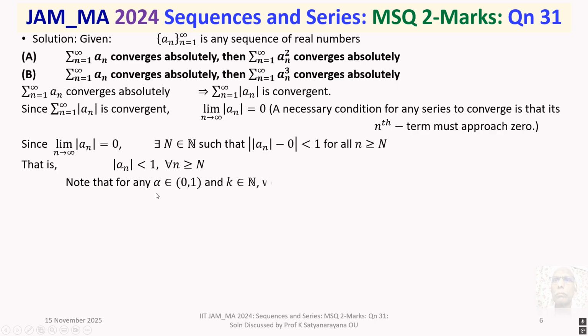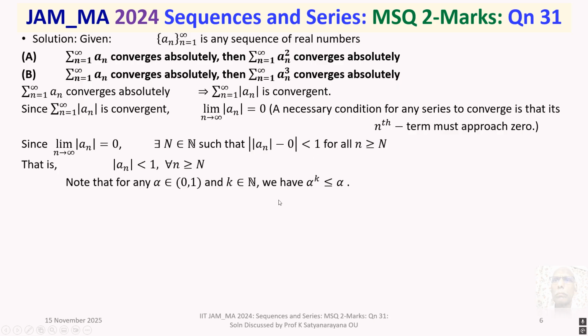Note that for any alpha coming from the open interval 0 to 1 and k any natural number, we have alpha to the power of k is less than or equal to mod alpha, less than or equal to alpha. This is true for any alpha belonging to the open interval 0 to 1 and k any finite natural number.